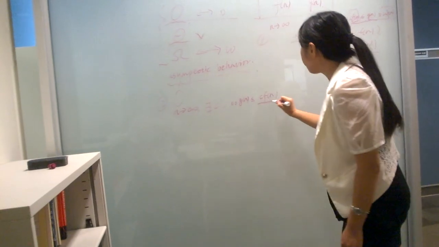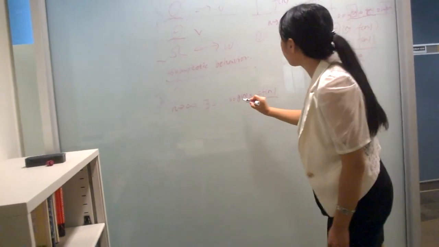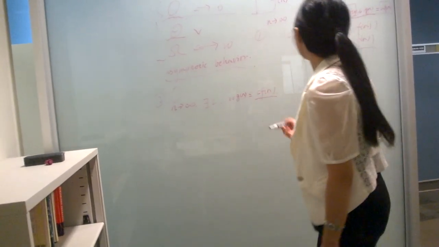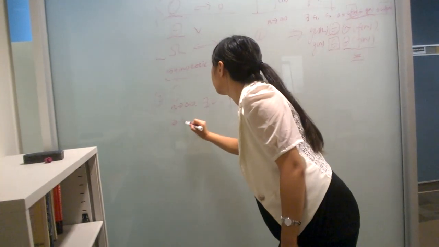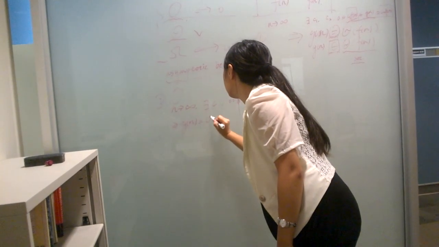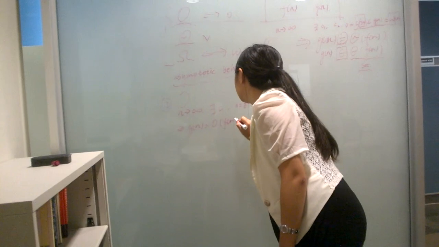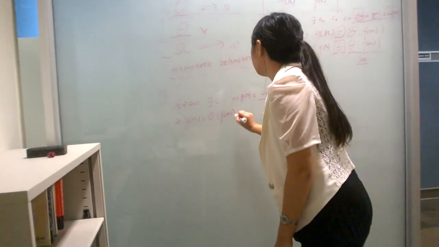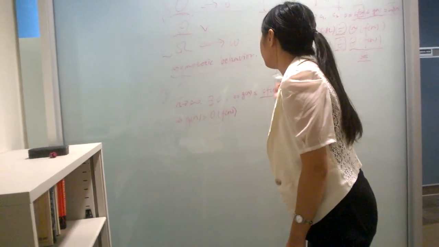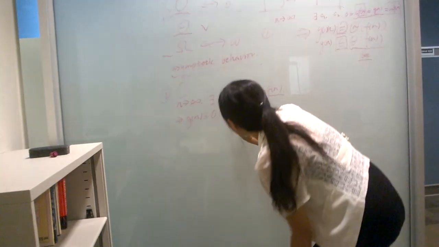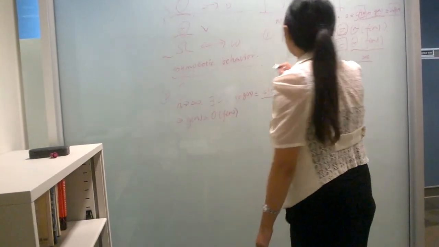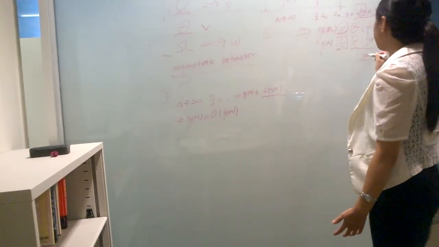So you can see from here, f(n) is the upper bound of g(n). So we can get g(n) equals big O of f(n). Is this right? f(n) is the upper bound. Yes, that's correct.